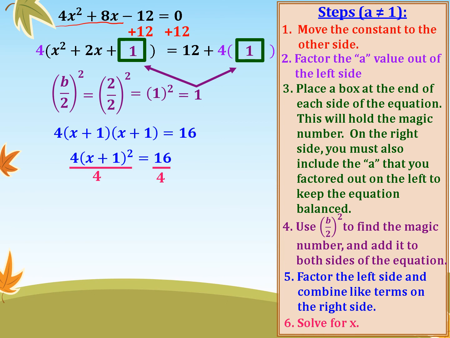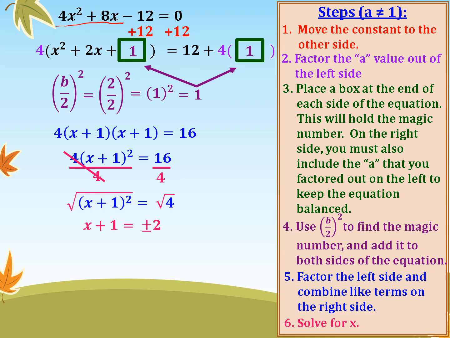I'm going to divide by 4 on both sides. That gets me x plus 1 squared equals 4. Now, at this point, I also square root both sides. That gives me x plus 1 equals plus or minus 2, because I put the radical there.